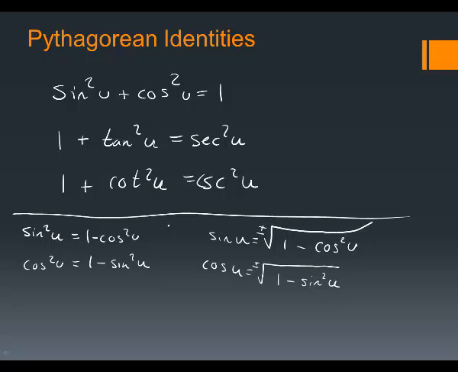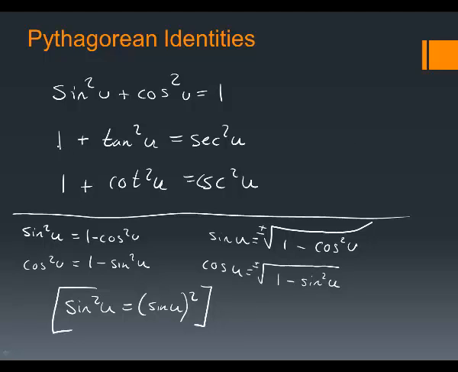Just a little side note, sine squared u equals, in parentheses, sine u squared, and that goes with every other function too. So what we've done is just square rooted both sides. And you can see there's one more. It's basically tangent, but you can figure it out.